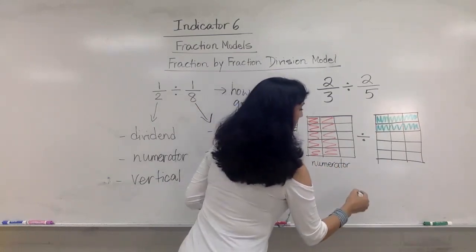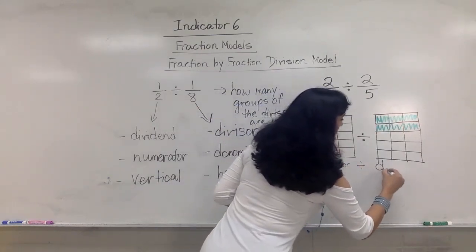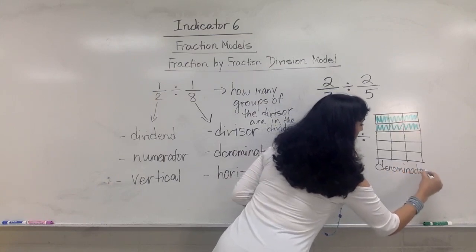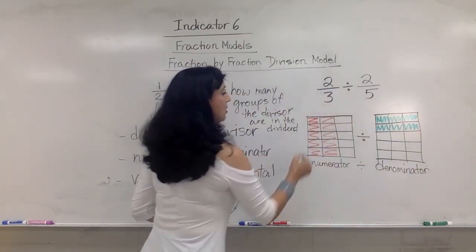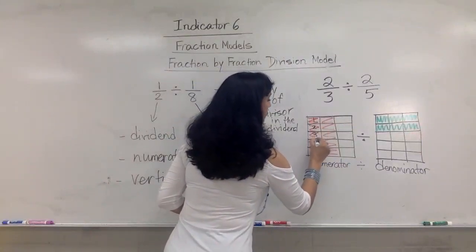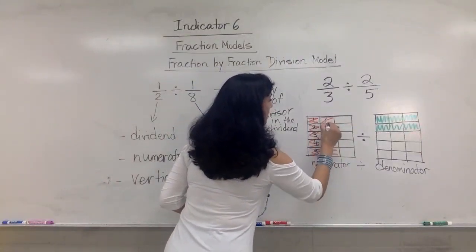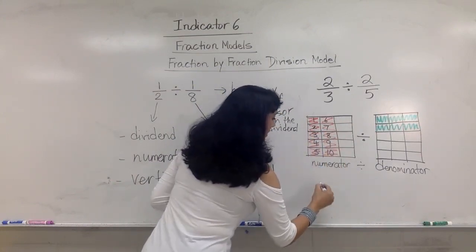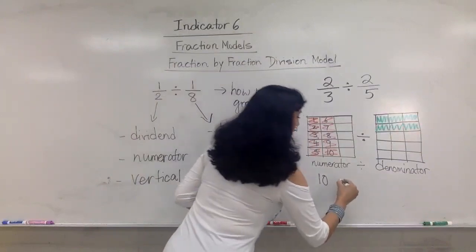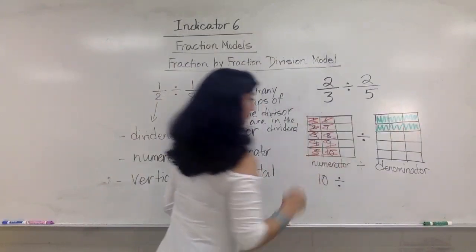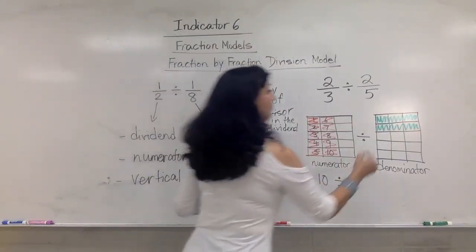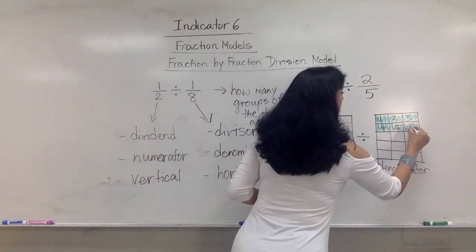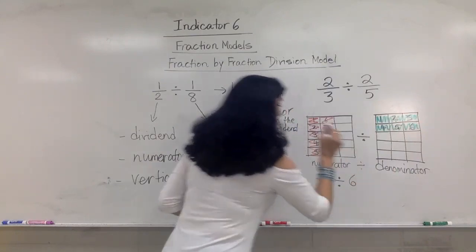All right, and this is going to be divided by my denominator. So again, count 1, 2, 3, 4, 5, 6, 7, 8, 9, 10. So this gives me 10 divided by, and then we have 1, 2, 3, 4, 5, 6, divided by 6.